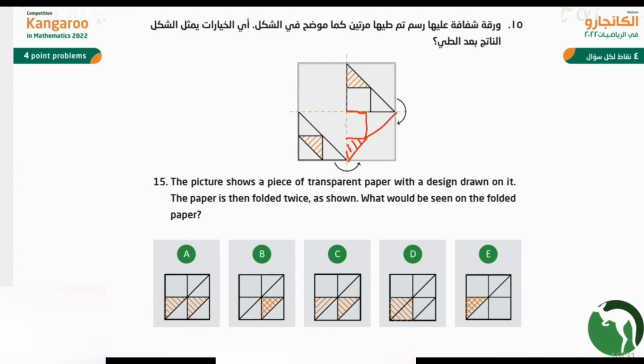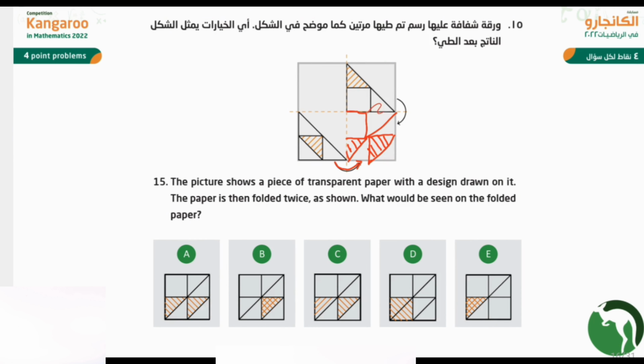Now we will have to fold again in this direction according to this axis here. So this triangle will be here like this, and these lines will be in this direction. So this is the new triangle like that.